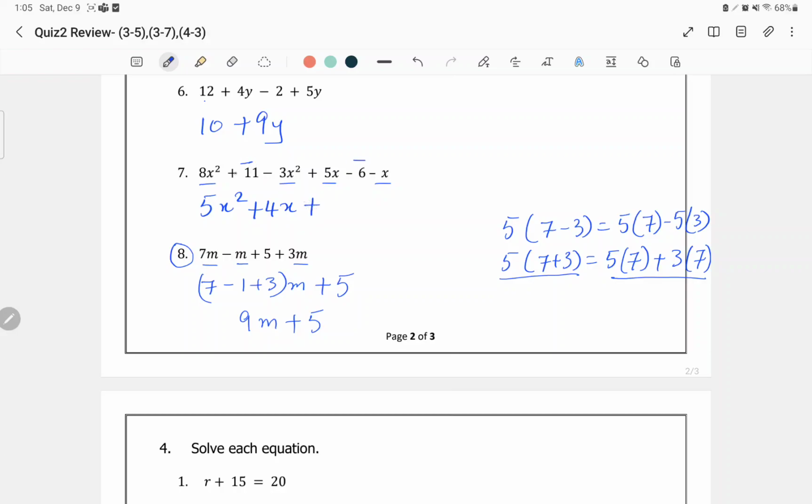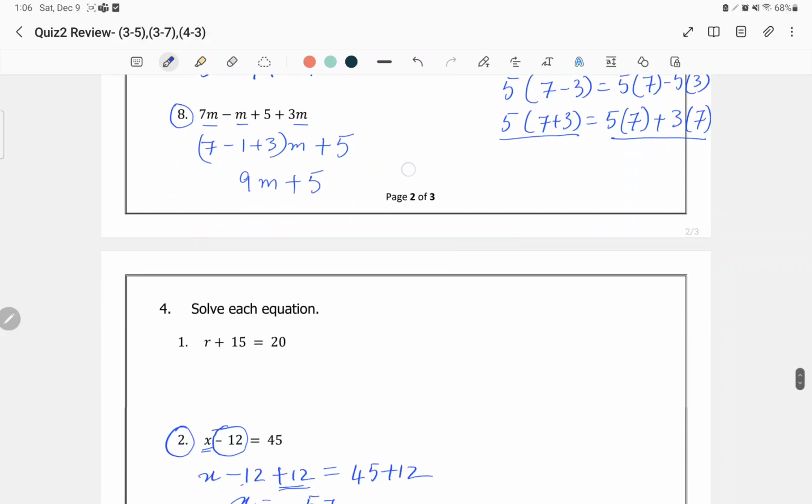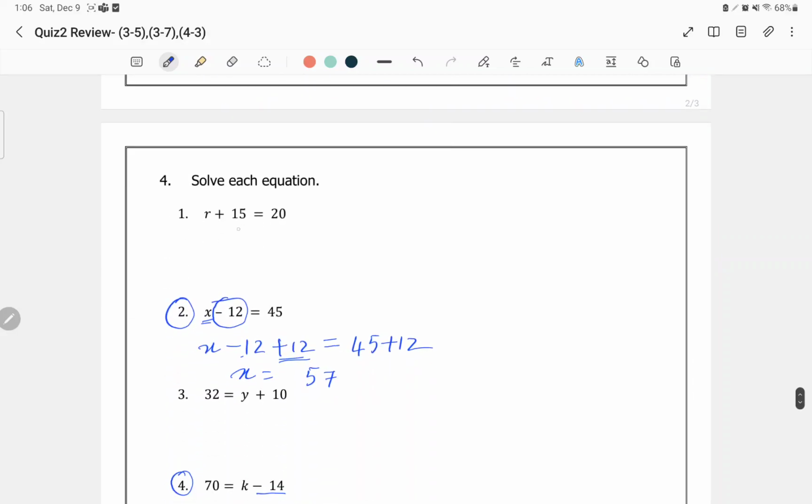I have plus because the sign for 11 is greater than the sign for 6, so I will write the sign of 11, which is positive. 11 minus 6 is 5. So your answer is 5x square plus 4x plus 5. Let me check. Yes, 5x square plus 4x plus 5. 11 minus 6 is 5. Correct.